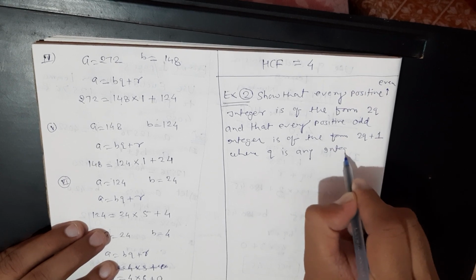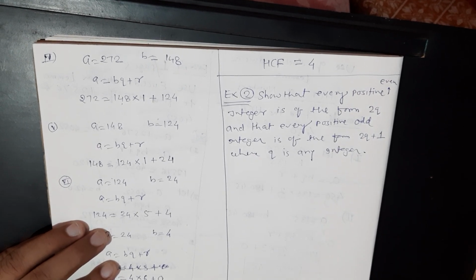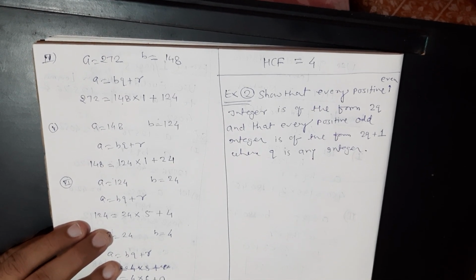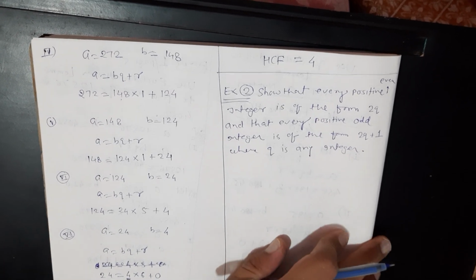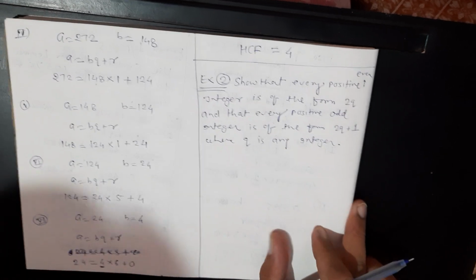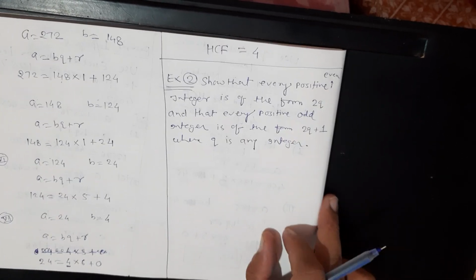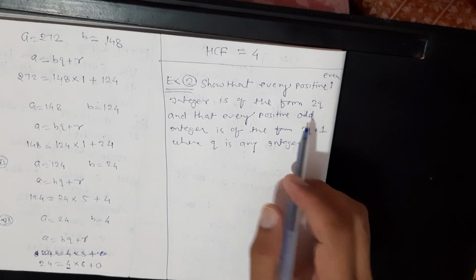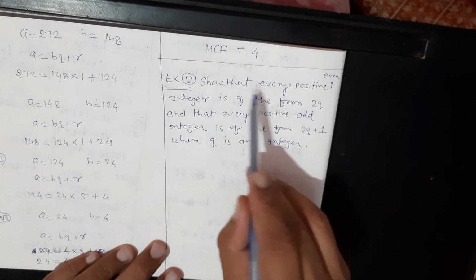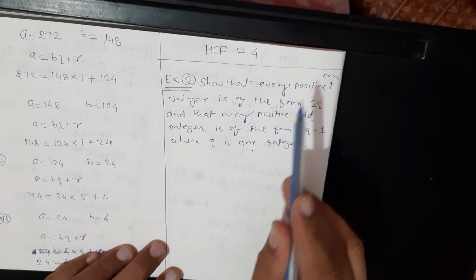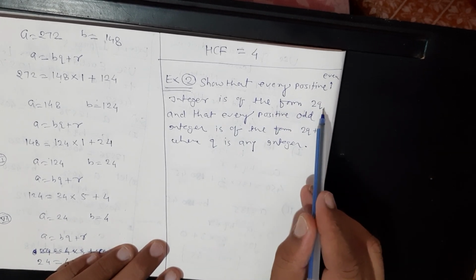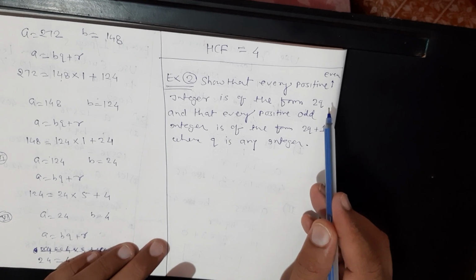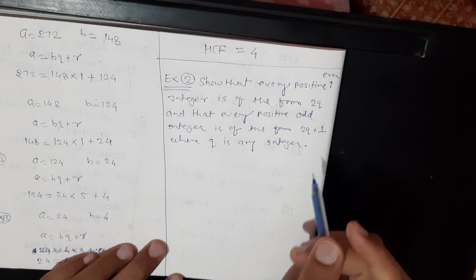So this is example number 2 of your book. So let me explain how to use Euclid division lemma for this question. Read the question again. Show that every positive even integer can be written in the form of 2q and every positive odd integer can be written in the form of 2q plus 1, where q is an integer.